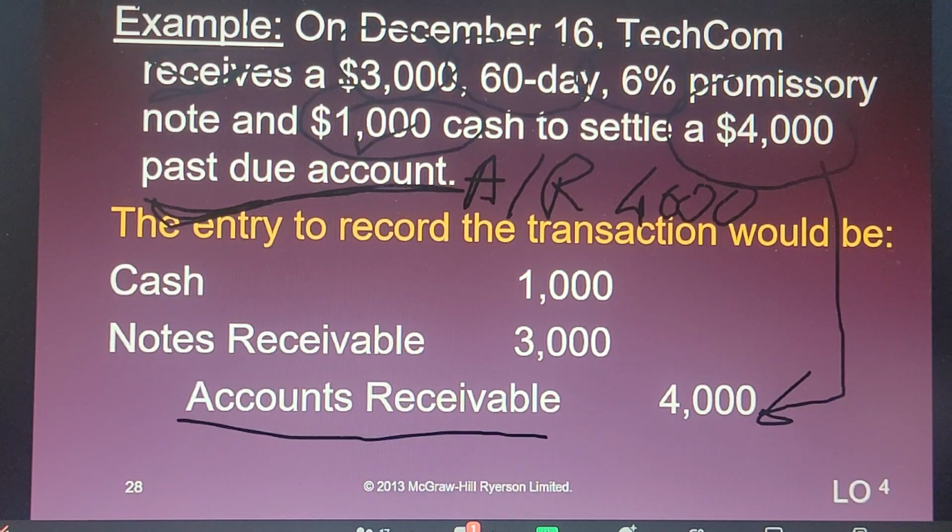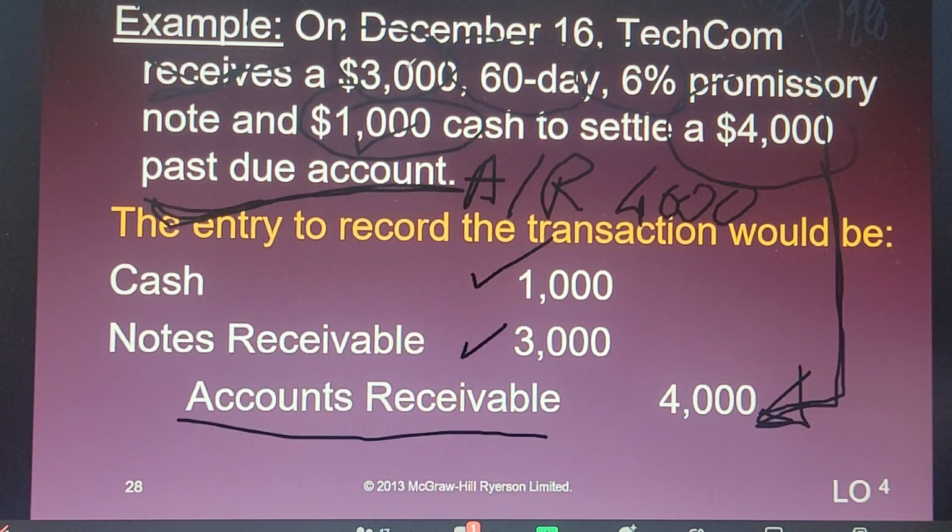Now I'm canceling this accounts receivable, it was 4,000. Now I'm canceling it, 4,000. I'm receiving 1,000 cash from it, and I'm opening notes receivable for them.